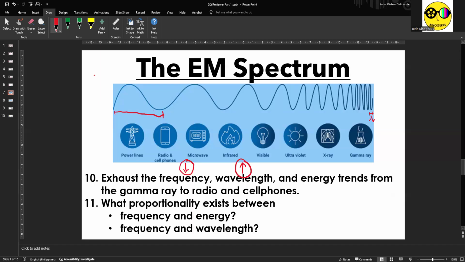Okay? And finally, energy. When we say energy, we're talking about radiation. And we know that out of all the components of the electromagnetic spectrum, gamma is the most dangerous radiation. That's why it's being used to kill bacteria, pathogens, microorganisms with food radiation.